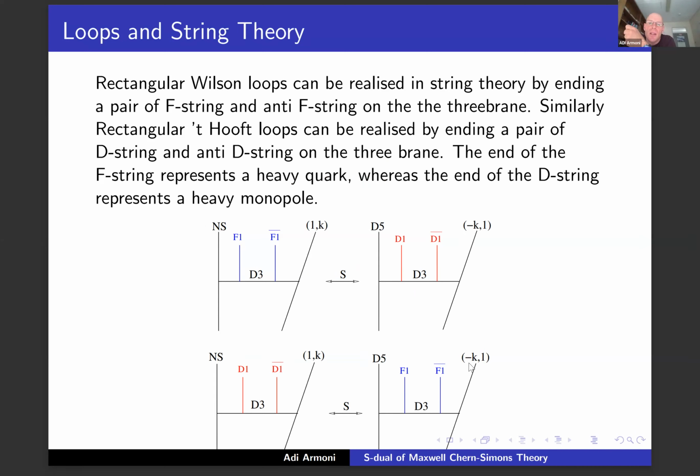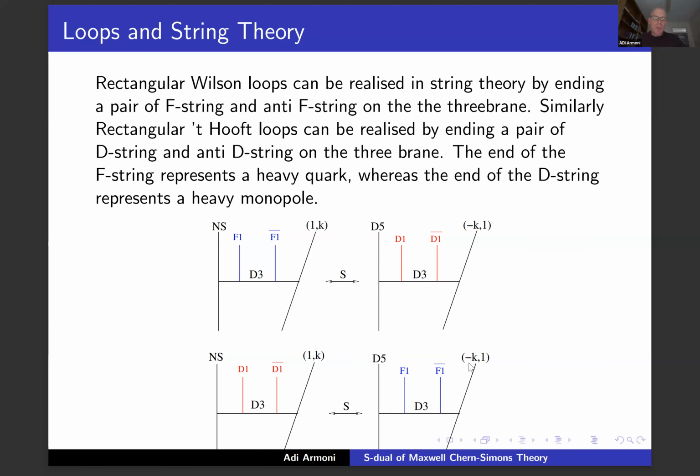So we see an electric charge Q, let's say, and the anti-charge minus Q, like in a Coulomb interaction between them. That's the Wilson loop. The rectangular Wilson loop can be described by F1 anti-F1. It's just a charge anti-charge in the whole volume of the theory.